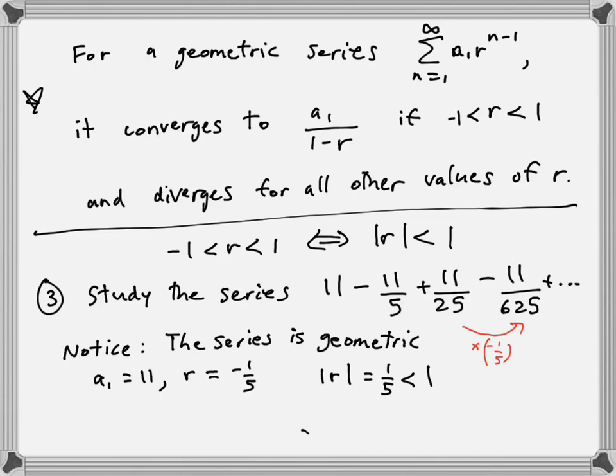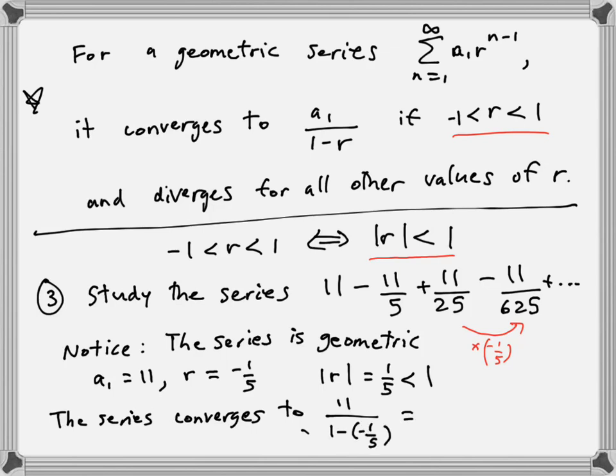So as we see right up here, if the absolute value of r is less than 1, then that means the series converges. So the series converges to a1 over 1 minus r. That's 11 over 1 minus -1/5, which is 11 over 6/5, which is 55 over 6.